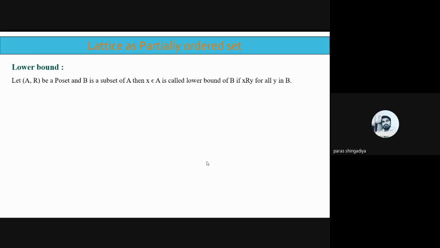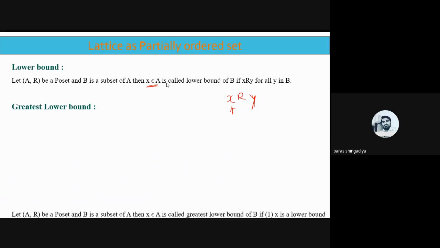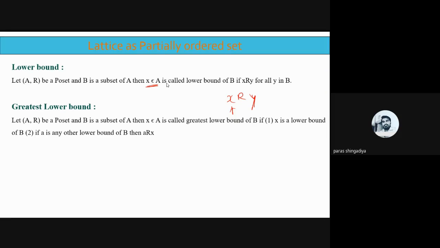Which condition do you have to check? The x that you consider as a lower bound, it must be satisfied for all y belonging to B. If it is true for all values of y, then we can say that such an x that we consider from A is called the lower bound. So let us consider one counter example here, and after that we'll define the greatest lower bound.